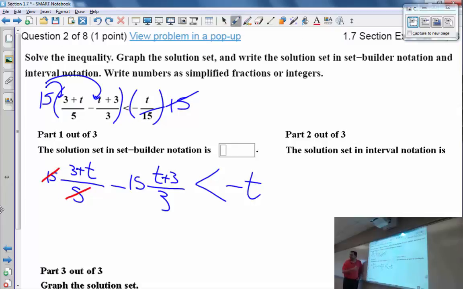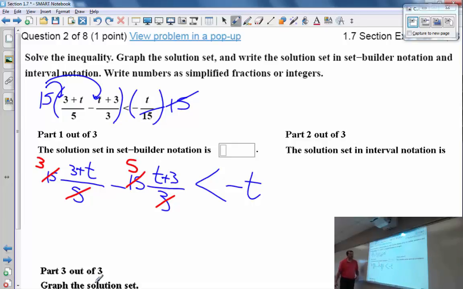But there is still something left over in 15, which is, what is 15 over 5? 3. 15 divided by 3 is 5. Then you have a number now, multiply with the leftover numerator. It's a numerator only. 5 times this, 3 times that, and this remains like that. Okay?